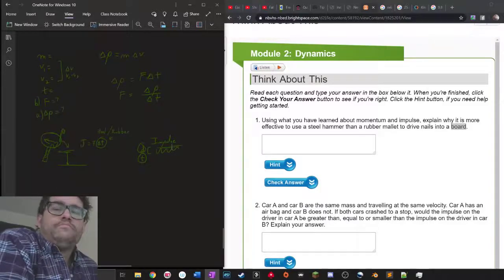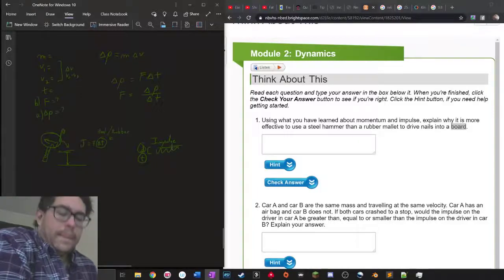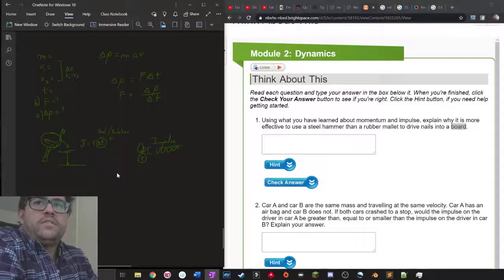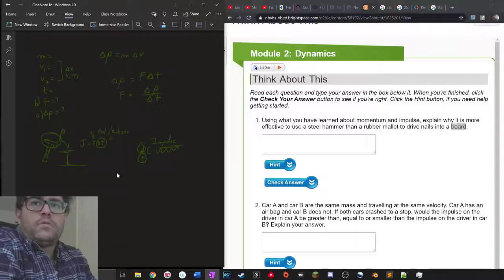And that's what's going on. Because he's trying to transfer the energy, it takes more time. That energy transferred has to equate into the force, right? And then the force used to push the nail.